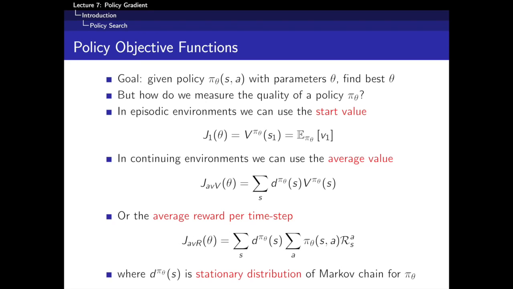The objective says there's some probability that I'm in a state, there's some probability I'll take an action from that state under my policy, and this is the immediate reward that I'll get at that step. What we care about is getting the most reward per time step. That's another way of saying extracting the most juice from my environment. This relates to the average reward formulation that was like an extra for Lecture 2 that you find in the notes.